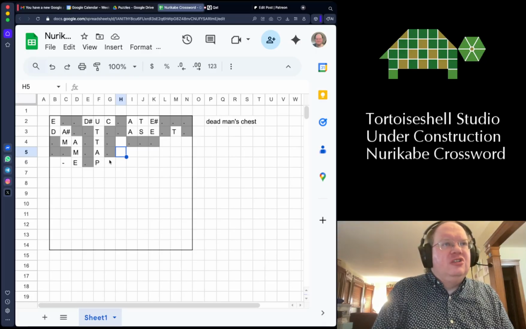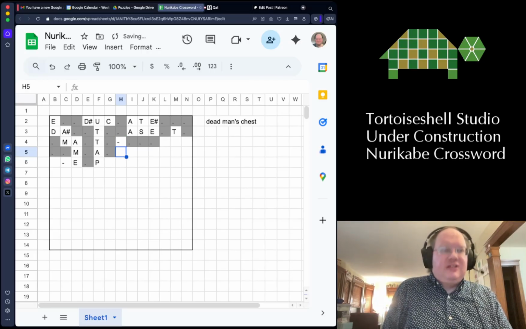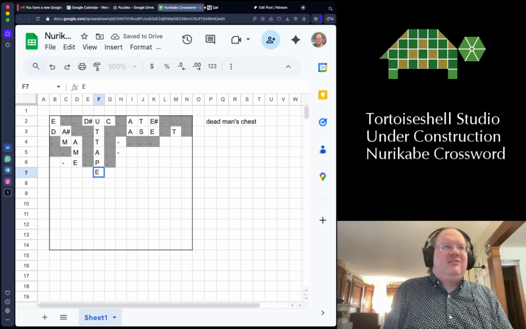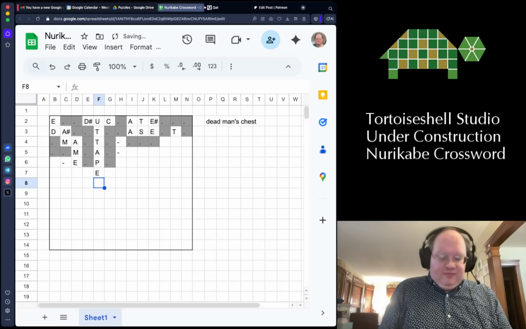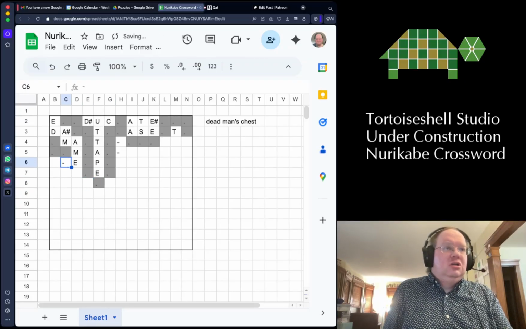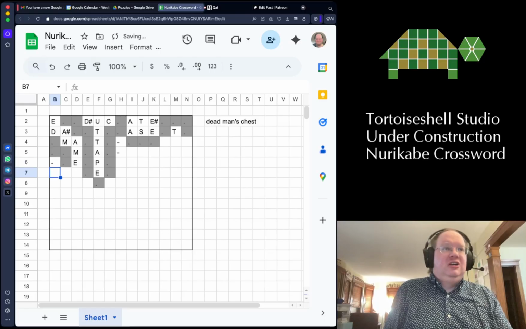All right, and duct tape is going to have to continue. I have to have something here, and that's going to have to come out here, which means that that's going to have to come out. So duct tape has to go like that. If edamame is like that, then we have to have something here.